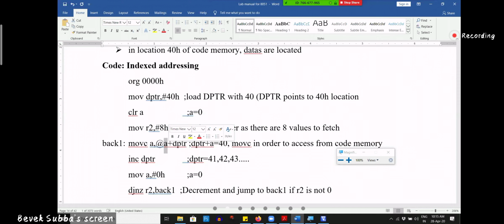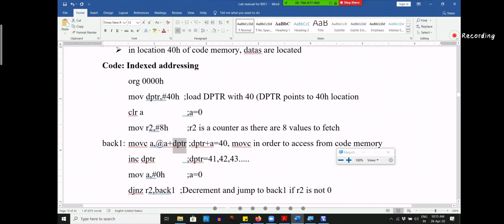You would be moving the value from 50 instead of 40. That's why it is very important that A should be 0 first.